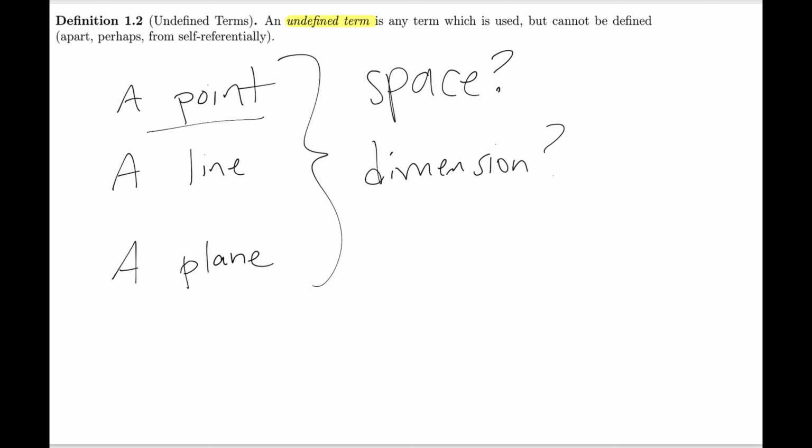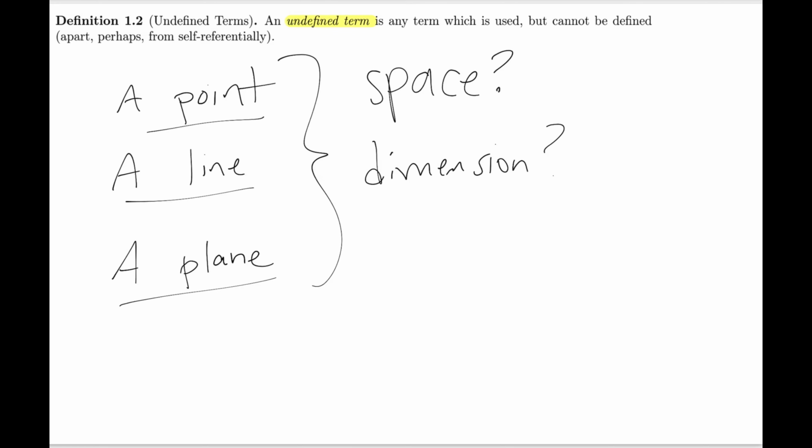You try and define all of these terms until you either have to go back and circle around to use a term you've already used, in which case your definition becomes recursive and is not a good definition, or you just keep going and spinning your wheels and never hit the bottom, in which case you're not really providing a definition, you're just providing me with a list of more undefined terms. And so in standard Euclidean geometry, these three terms are all undefined.